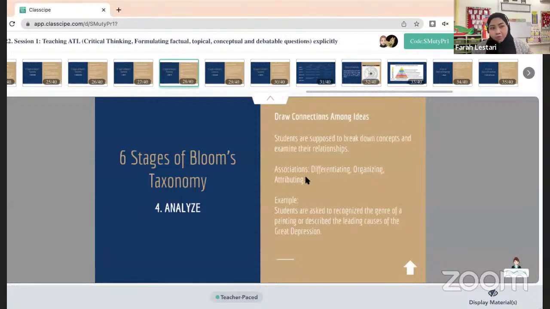Some associations that we identify with analyze are differentiating or distinguishing important from unimportant parts, organizing, or identifying how elements fit or function within a certain structure, and attributing, or determining a point of view, bias, values, or intent underlying in presented material. For example, students are asked to recognize the genre of a painting or describe the leading causes of the Great Depression in history.